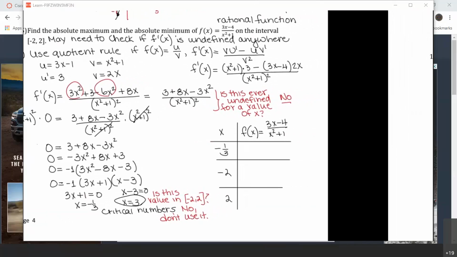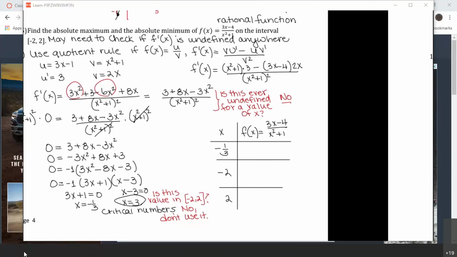I threw away the 3. Again, do the same trick. You can pull up your calculator and plug in your values here. If you do this on your Web 2.0 calculator, make sure you parenthesize the numerator and the denominator.